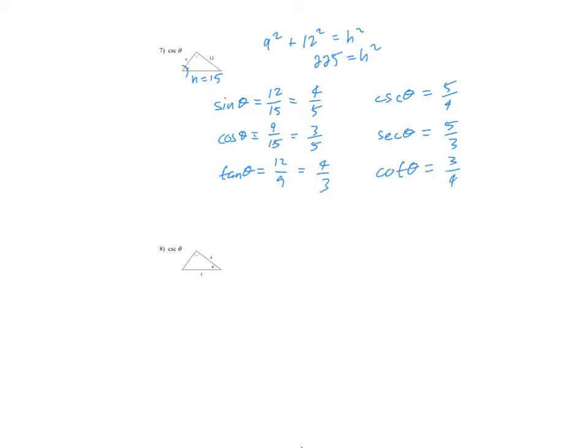Same idea here, only this time we're looking for this side b, which is not the hypotenuse. So we're going to go 5 squared minus 4 squared is equal to b squared. 25 minus 16 is 9. So b equals 3.